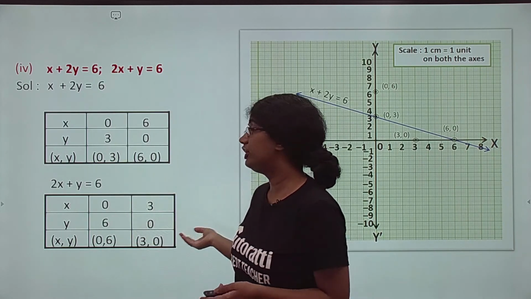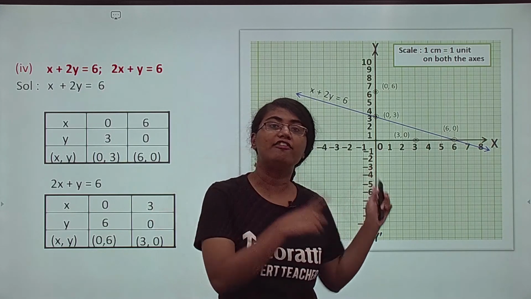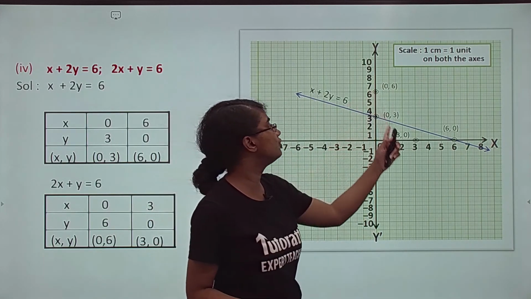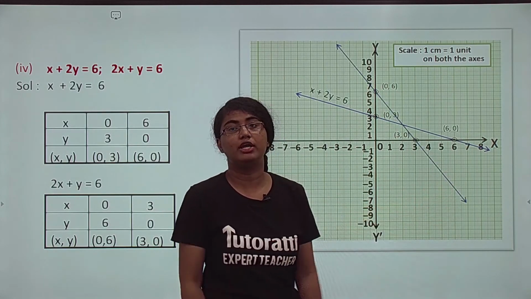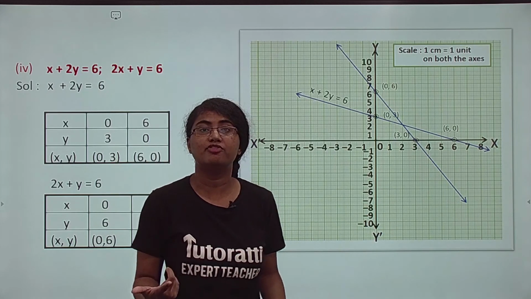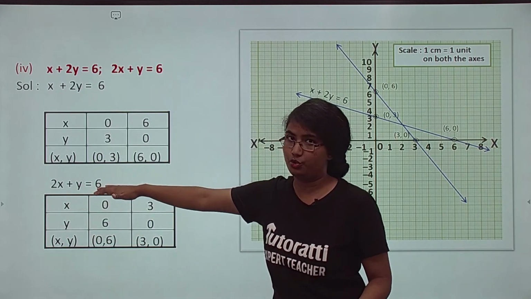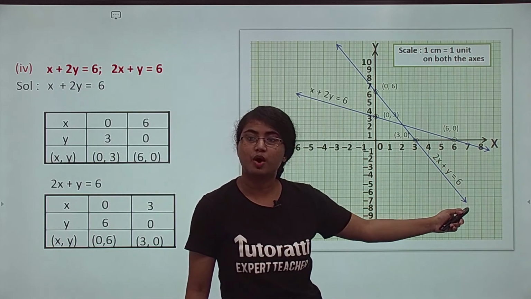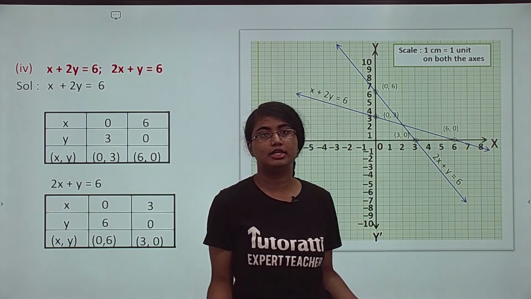Simultaneous equations या फिर linear equation in two variable. Graph पे कैसे represent होगा? With a line. So draw a line passing through these two points. Name the line. What is the name of the line? The equation. The equation is the name of the line. So 2x plus y equals 6 is the name of your line.